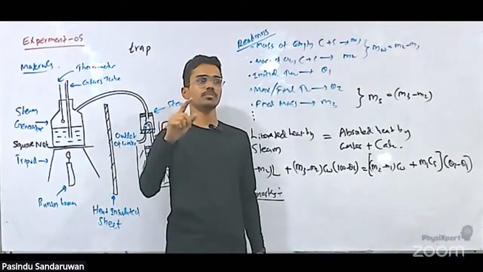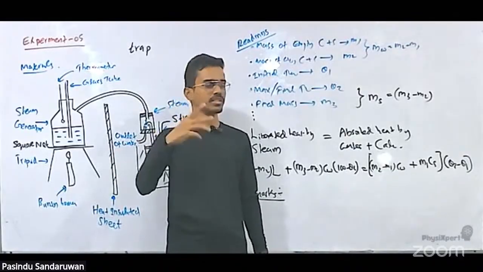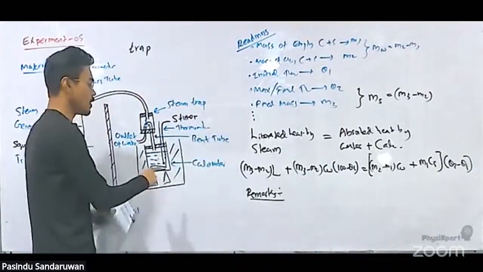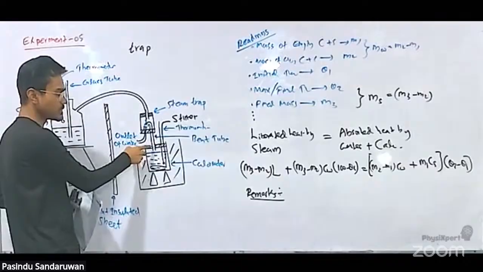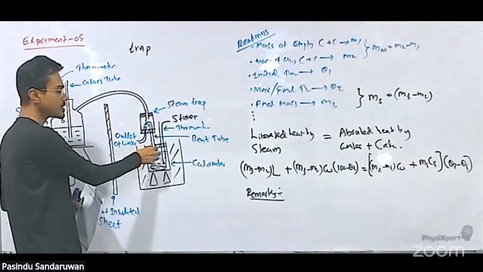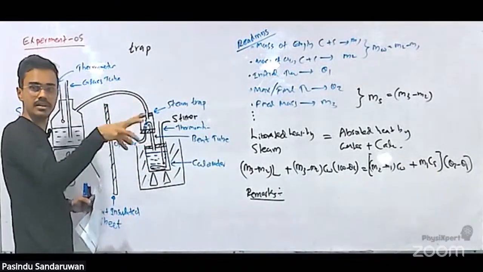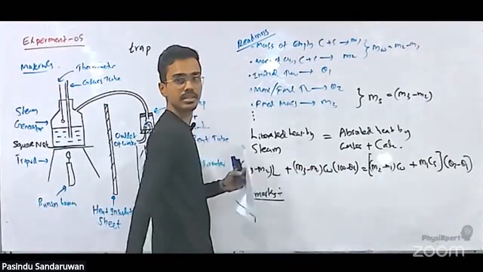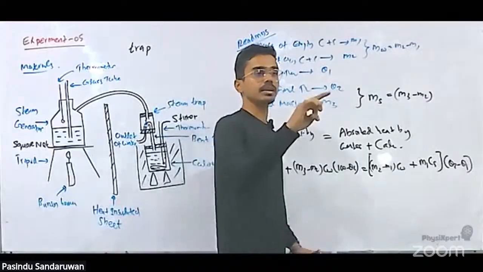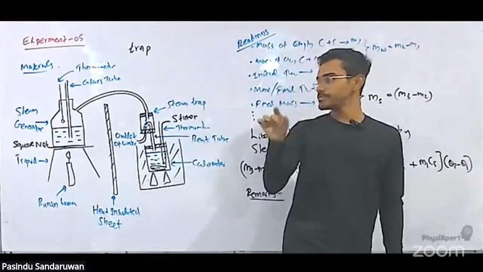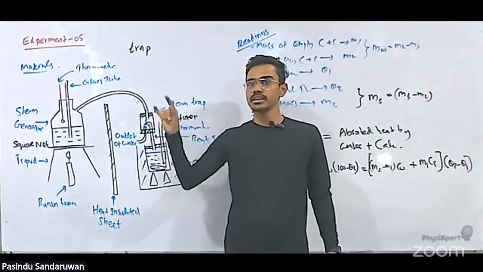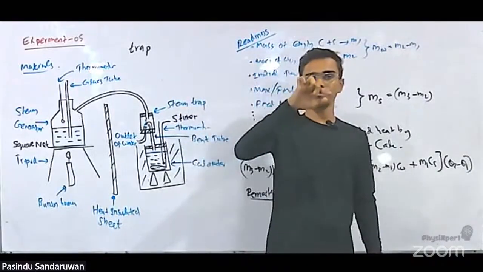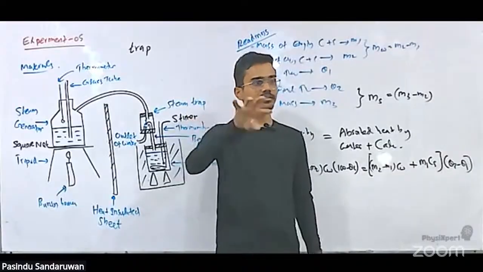When pressure increases, both boiling point and melting point increase. Now we have to make sure this steam is doing the state change at 100, right? If the pressure of the steam coming in is greater than atmospheric pressure, then the boiling point won't be exactly 100, it will deviate from 100.